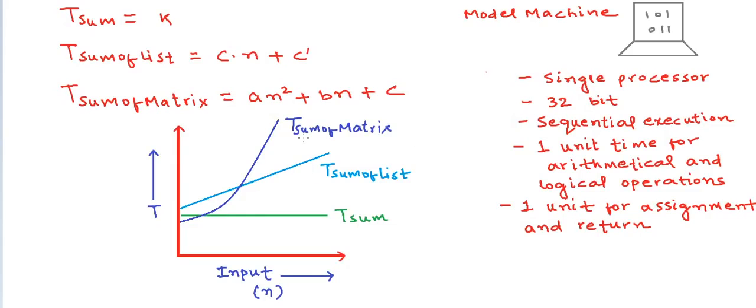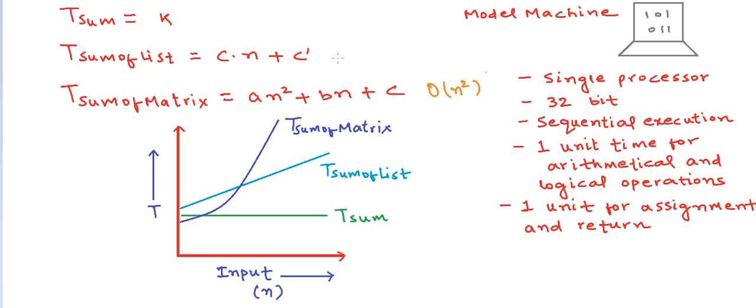We often classify these functions in sets, where the rate of growth of all the functions in a particular set is very similar. For example, big O of n square will define the set of all the functions of the form a n square plus bn plus c.